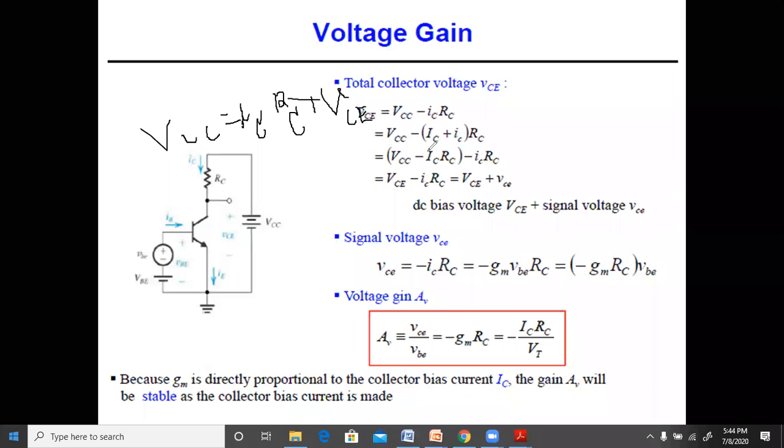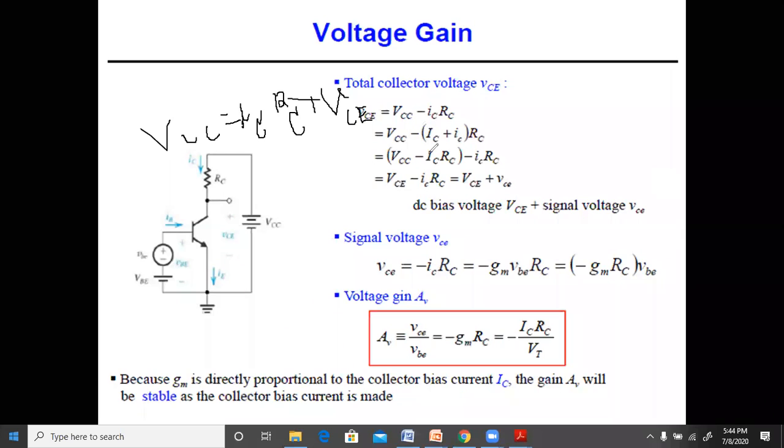Now the value of IC, which is the instantaneous value of the collector current, will again be DC plus the AC current due to the input signal. IC is nothing but the DC value of the collector current and the AC value of the collector current, both together.